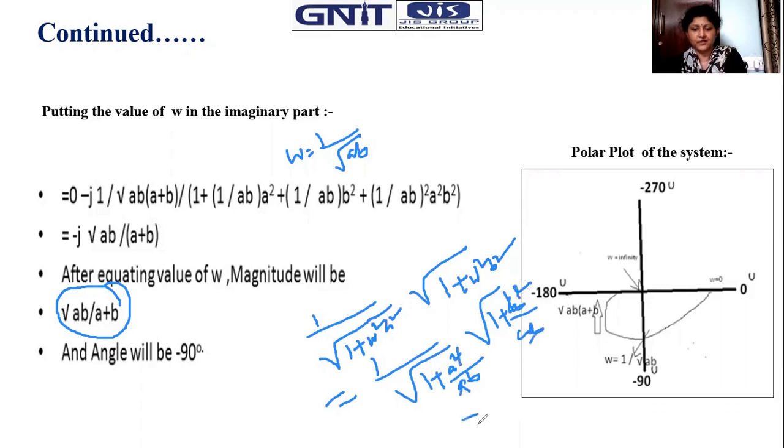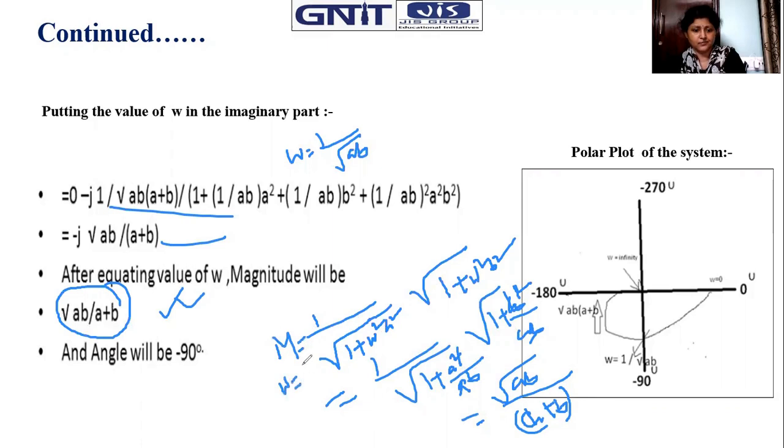So you get root under AB in the numerator, and in the denominator you get A plus B. So it becomes root under AB by A plus B. Simple. Don't do this step, just put the magnitude of the phasor at omega equals 1 by root under AB. That will be easier for you.